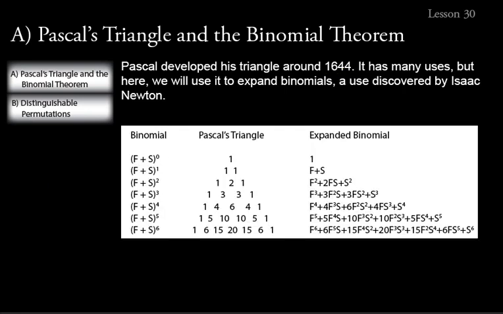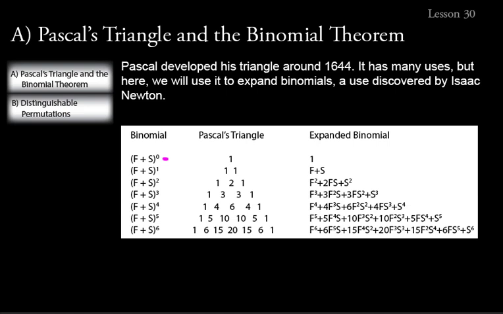Now, here's a nicer, neater Pascal's Triangle, and you can see the binomial that goes with it. This is what we're using Pascal's Triangle for: to figure out what the coefficients of an expanded binomial equal. Starting with a binomial of x plus y, or f for first, s for second term, f plus s to the 0 power.